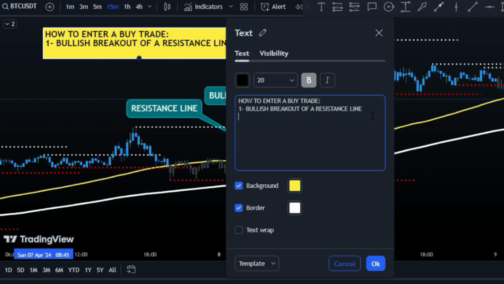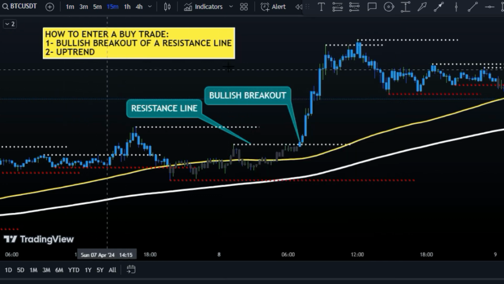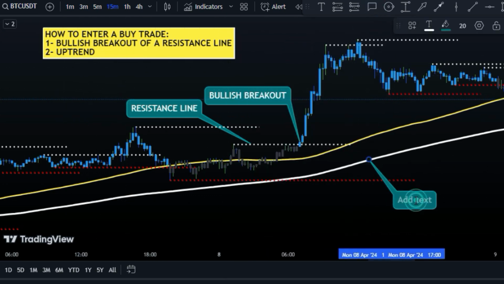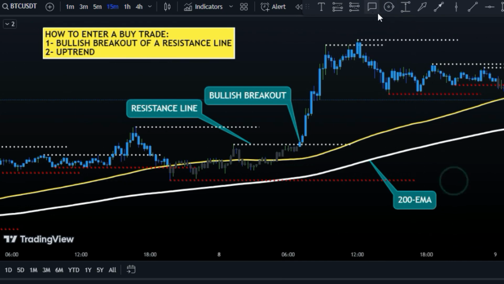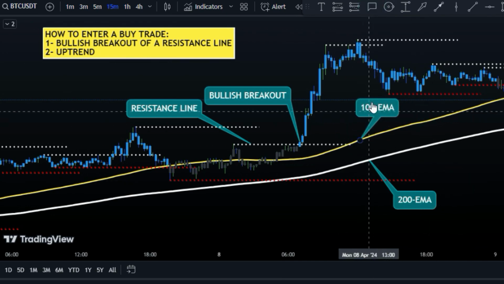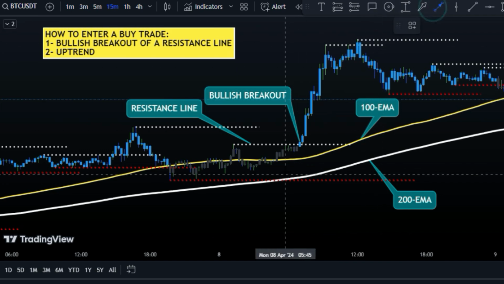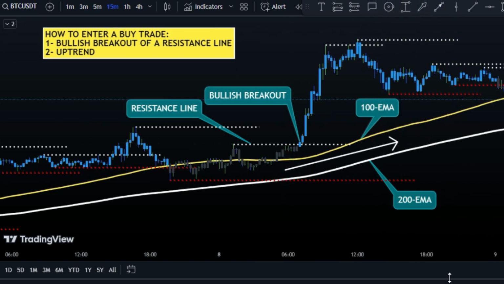Next, confirm that the trend is upward, ensuring the EMA 100 line is above the EMA 200 line and the price action remains above both EMA lines. And once these conditions are met, confidently enter a long trade.